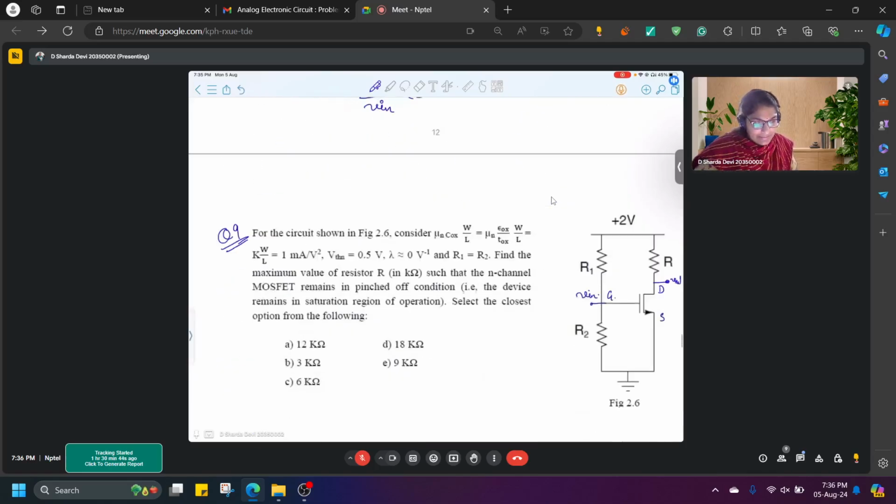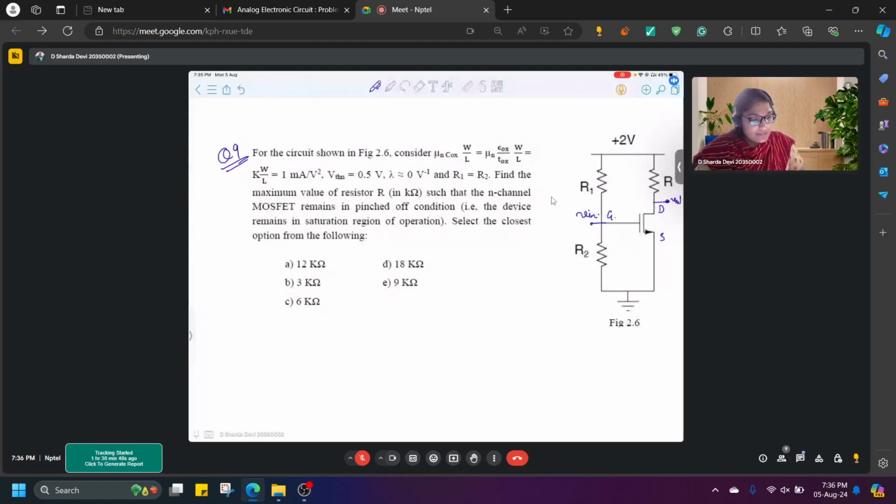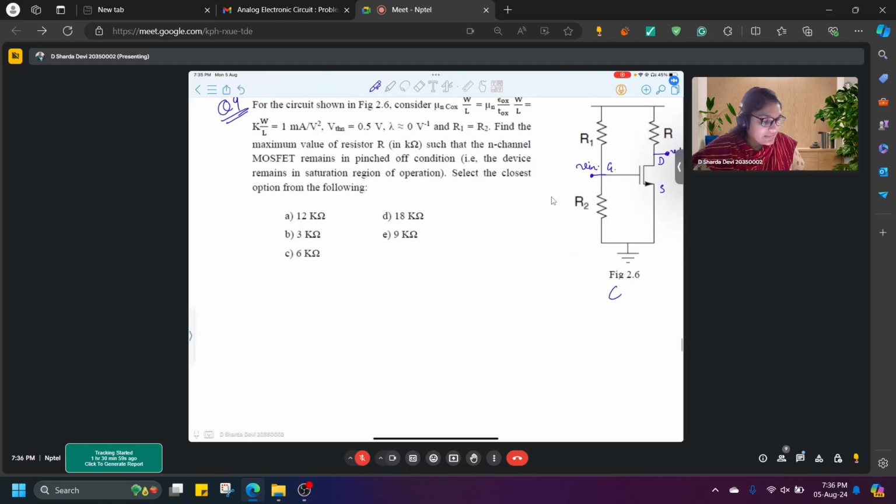Now moving ahead. In this particular circuit, you see we have input from gate and output from drain. So this is a common source amplifier, again a CS amplifier.